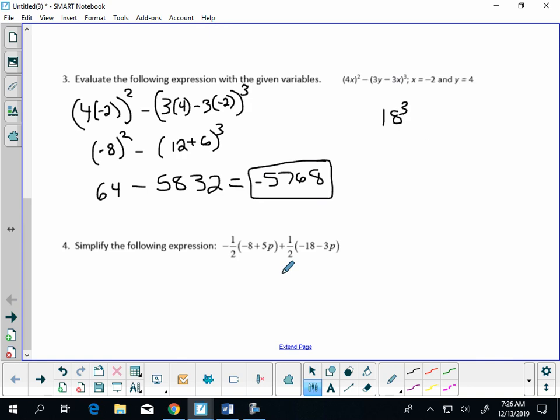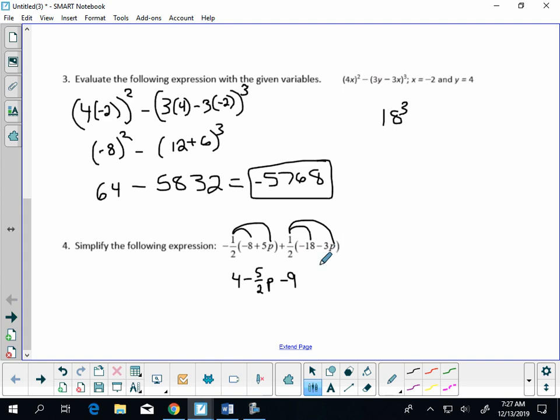All right, number 4, we simplify it. That means we want to get it down to no parentheses or no like terms. I'm going to start by distributing. And that's going to give me positive 4. And 1/2 times 5 is 5 over 2. And it's negative, so negative 5 over 2 p. 1/2 times negative 18 is negative 9.